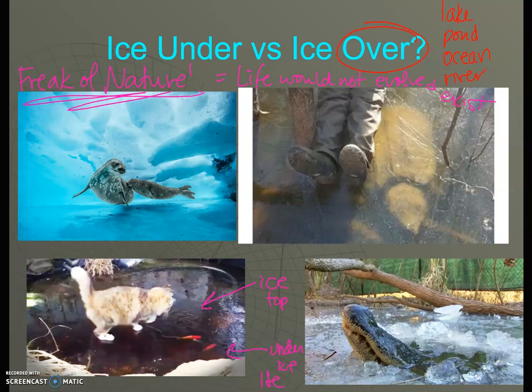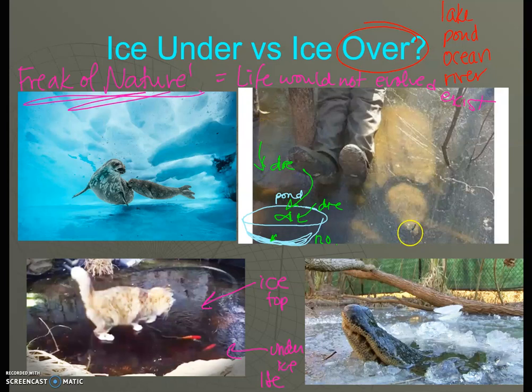If it actually iced under, so if here is your pond, let's say, and here is your ice, what would little fishy eat? Would it be able to eat all the things that are hiding in here? No. And what would happen to the fish? The fish would die. And what would happen to the things that eat the fish? They would die as well. And so on and so forth in the great big circle of life.